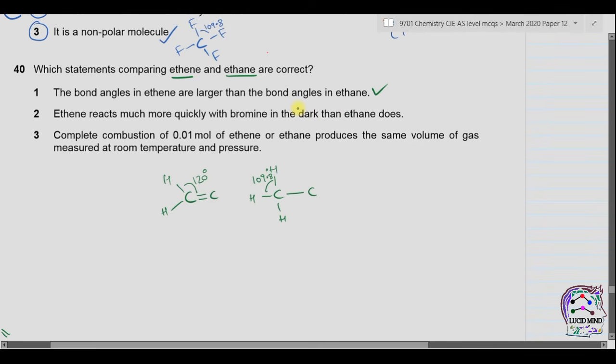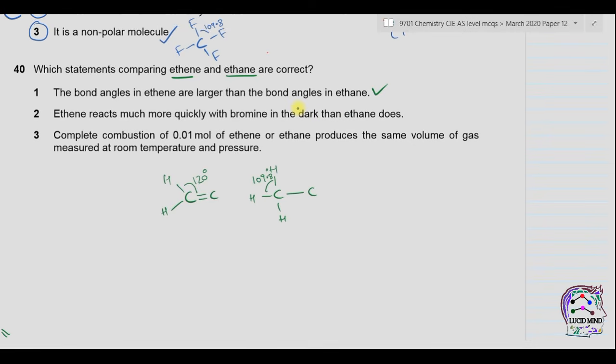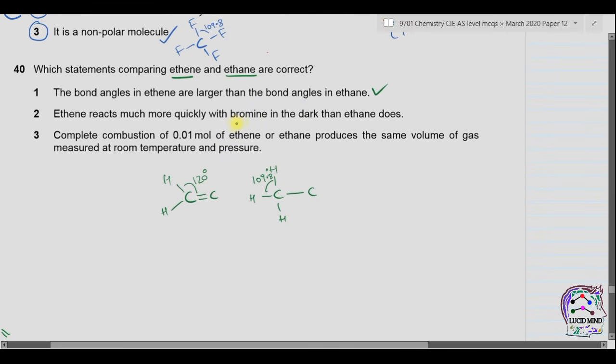Second says ethene reacts much more quickly with bromine in the dark than ethane does. So when ethene reacts with bromine, the bromine converts the double bond of ethene into single bond and each double bonded carbon atom now has a bromine atom.